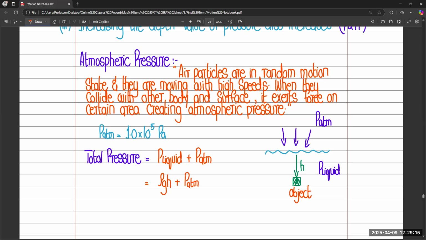So atmospheric pressure plus pressure in liquid will give you the total pressure acting on the body. This is a constant value of atmospheric pressure, and it will remain the same at sea level, the level on which we are living. So at sea level, the atmospheric pressure value remains the same.